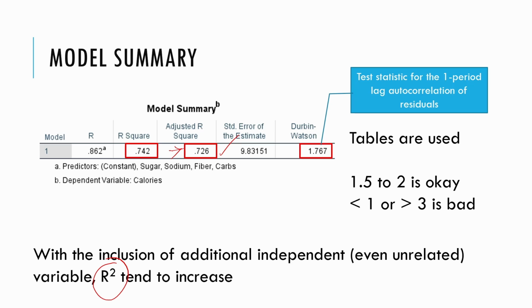And what is the criteria? Ideally tables of Durbin-Watson should be used, but if you don't want to use the tables, just remember that 1.5 to 2 is sufficiently okay, but anything less than 1 or anything greater than 3 is bad, is not to be used. The model should be revised.